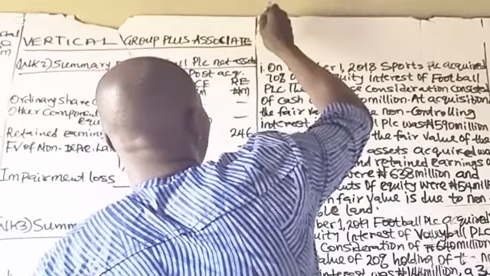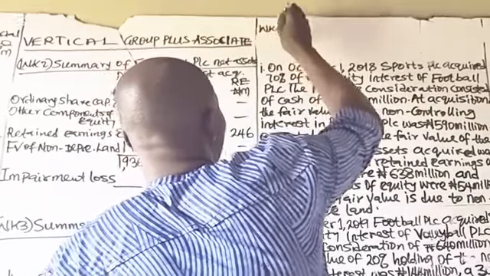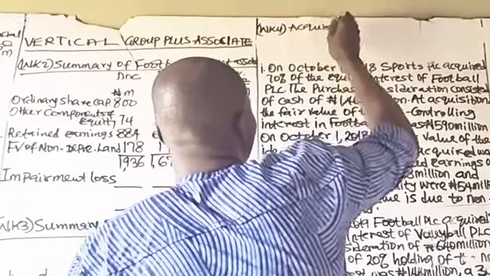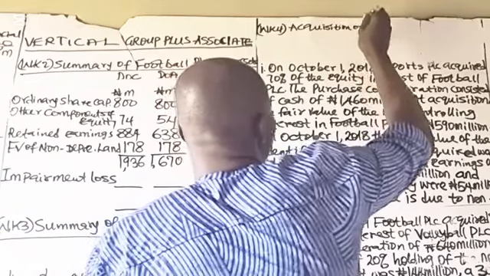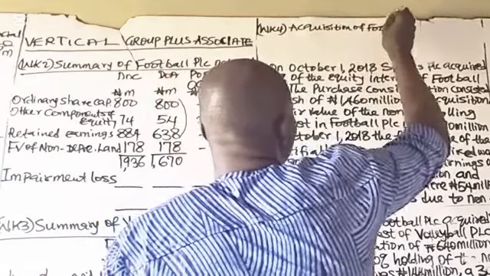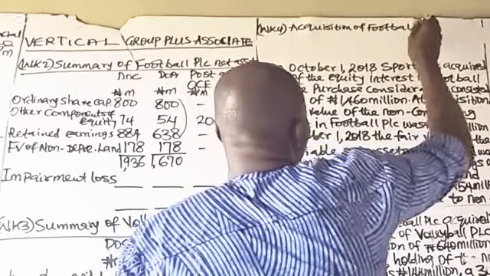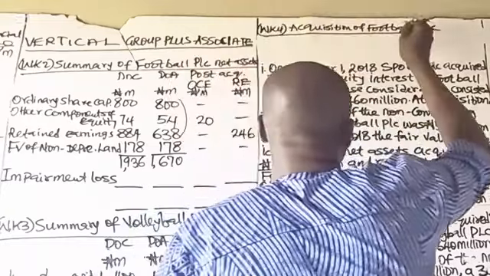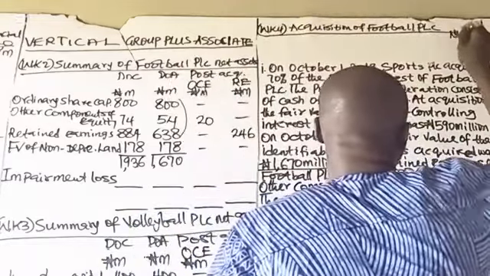Working number 4, acquisition of Football PLC. So we want to calculate goodwill on acquisition of Football PLC.